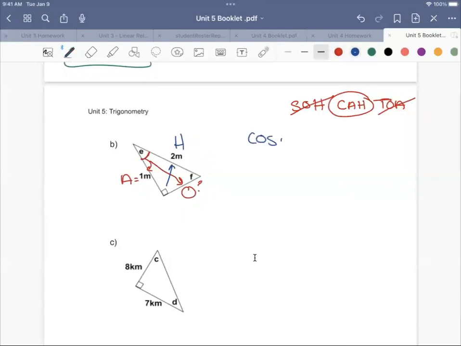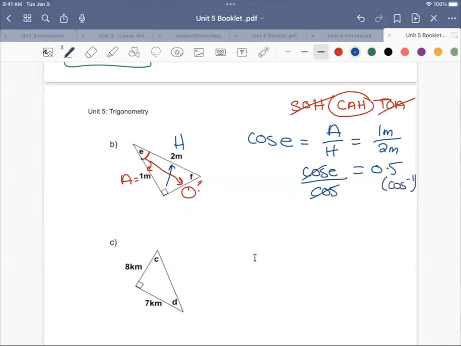So I have the cos of E is equal to adjacent over hypotenuse, which is equal to 1 meter over 2 meters, so this is equal to 0.5. If I do the cos inverse of that, I will get E is equal to cos inverse of 0.5.